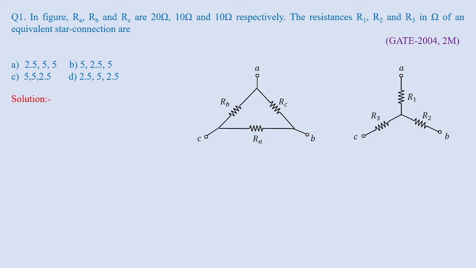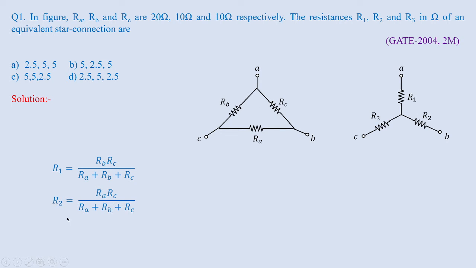First, consider this delta network. You should know how to obtain a star equivalent from a given delta circuit. For that, we have the standard formula for R1, which is placed between RB and RC. You can connect a resistance by assuming a node at the center of this delta network. Then R1 is RB RC divided by RA plus RB plus RC.